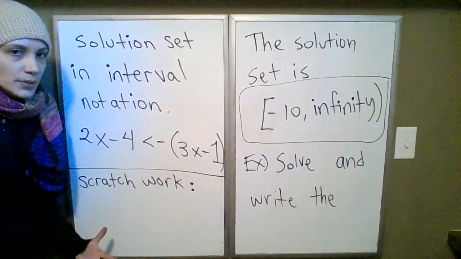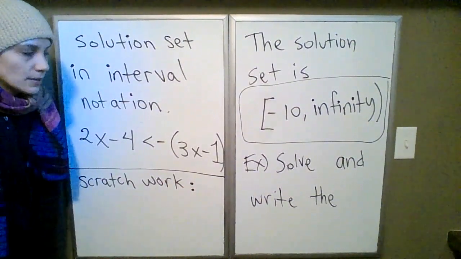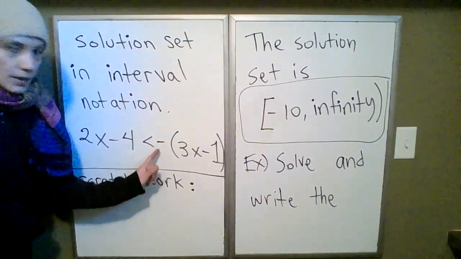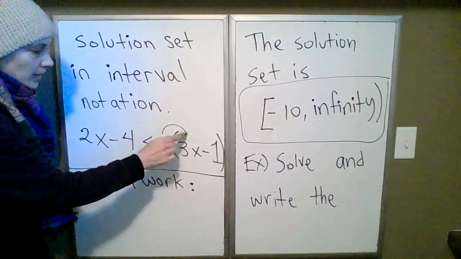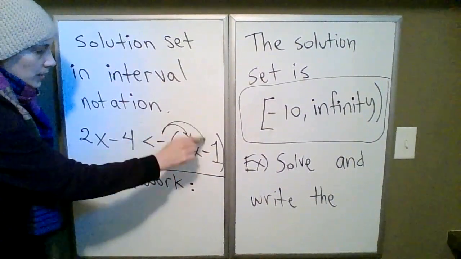So there's different ways to solve most math problems. What I did first was distribute the negative sign on this side. So negative 3x plus 1.